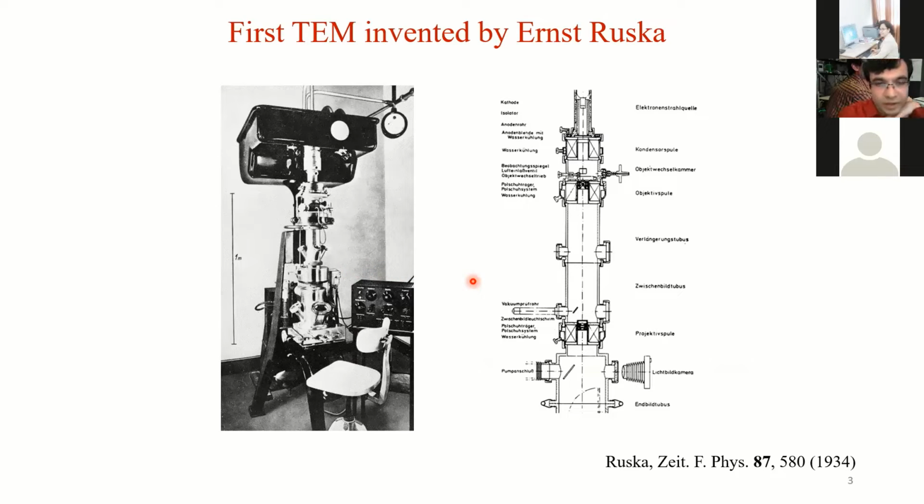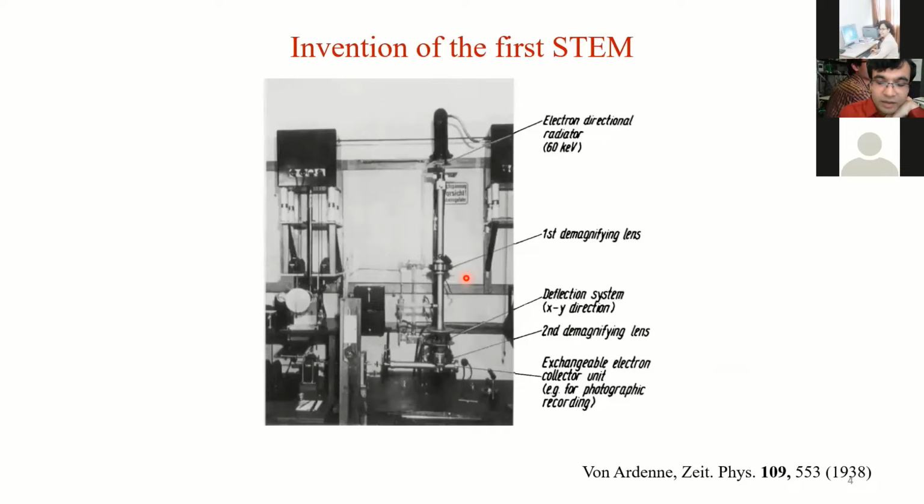But the resolution of the first TEM was no better than the light microscope. Then, followed by the invention of the conventional TEM, Ardenne in 1938 invented the STEM, the scanning transmission electron microscope. At that time, it wasn't really good because we didn't have a high-brightness tip as the electron source, and we had a clumsy recording system. So it wasn't very efficient at that time.